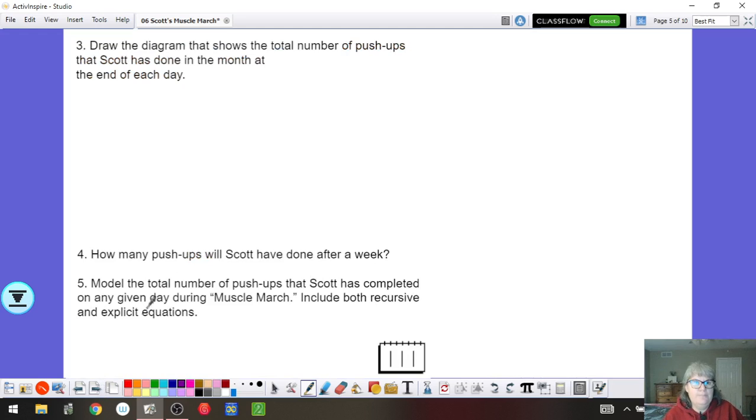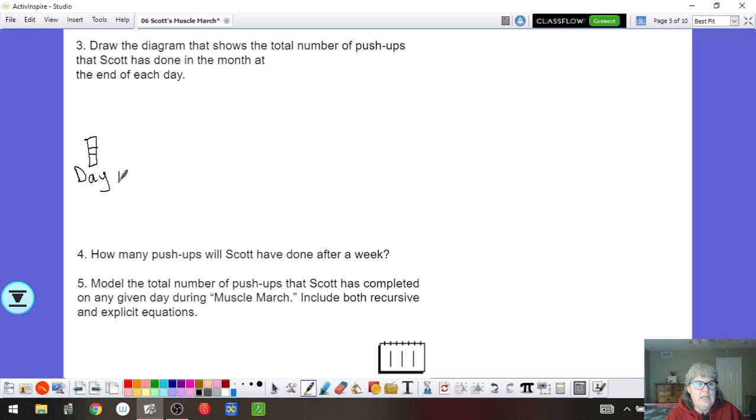So here we go. Draw a diagram that shows the total number of push-ups that Scott has done in the month at the end of each day. So if I start drawing, day 1 will be 3 push-ups.